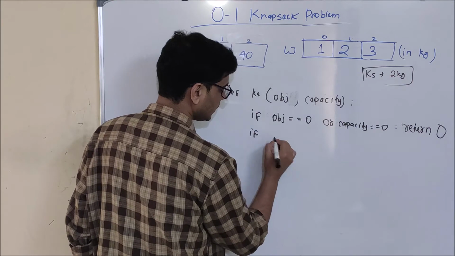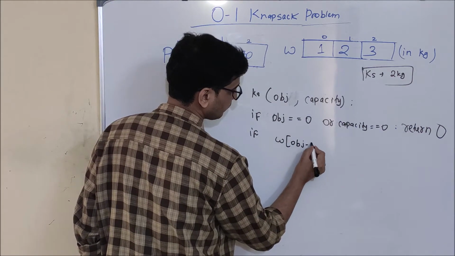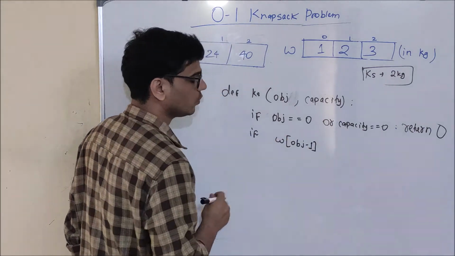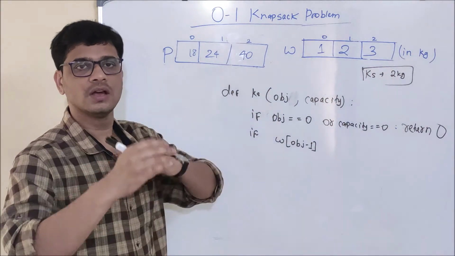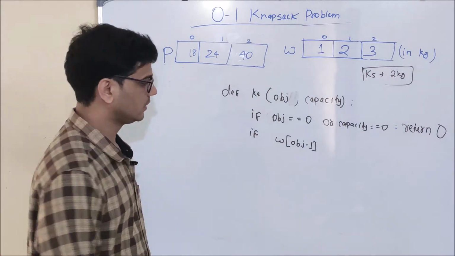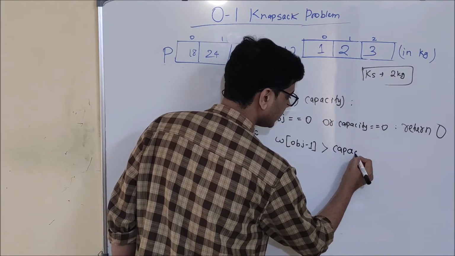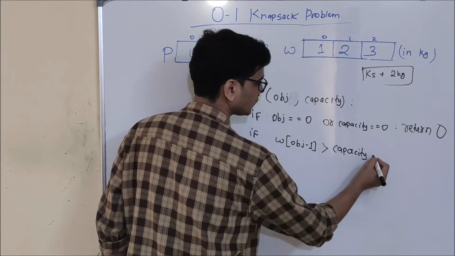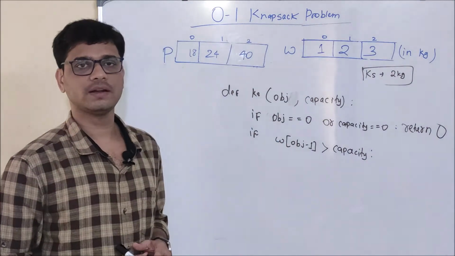That is, if W of obj minus 1, that is the weight of the object on which we are taking the decision, is greater than my capacity, then I can't take this particular object.